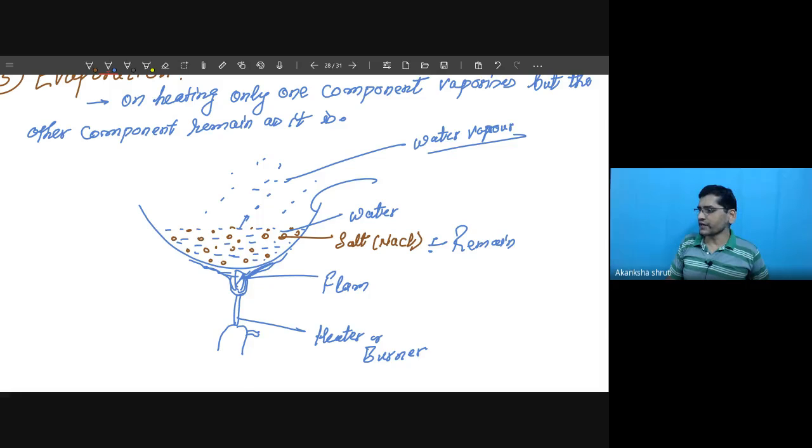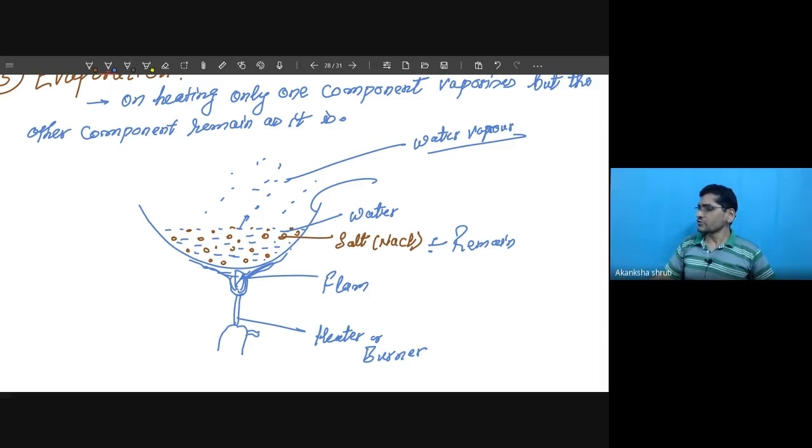On heating a sugar-water mixture, at first only the water vaporizes, so the sweetness will increase. But if you want to collect only the sugar, you cannot. With a salt and water mixture, at the end only the solid salt will be there, as all the water vaporizes. So it is not much suitable for sugar and water.